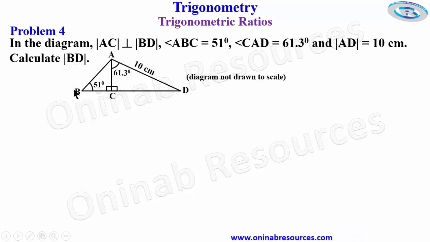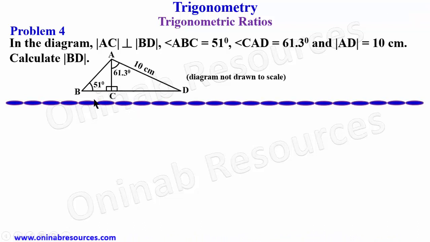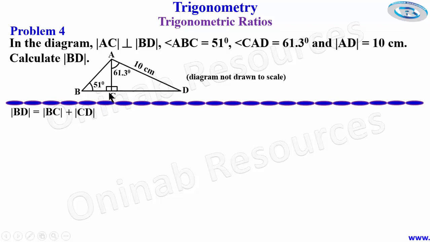Calculate BD. From our solution, BD is BC plus CD. So we'll be required to calculate BC and CD, add them together to give us the value of BD.